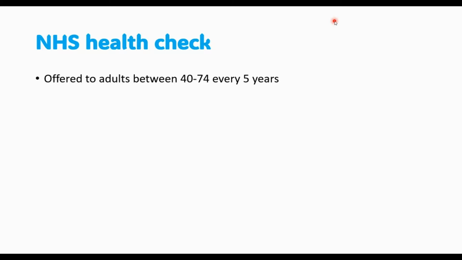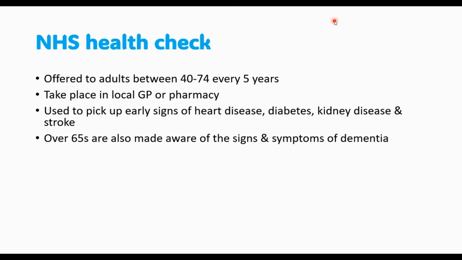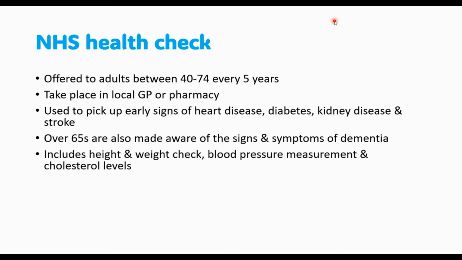It's to try and pick up some of these risk factors and address them before the patient has any of the problems I've just talked about. They take place in a local GP or pharmacy, and they're used to pick up early signs of heart disease, diabetes, kidney disease, and stroke. Over 65s are also made aware of the signs and symptoms of dementia.